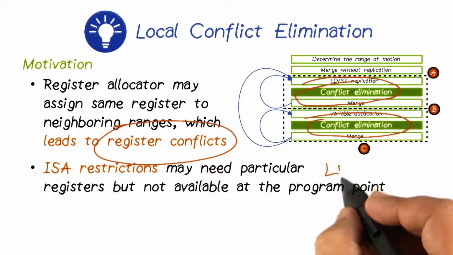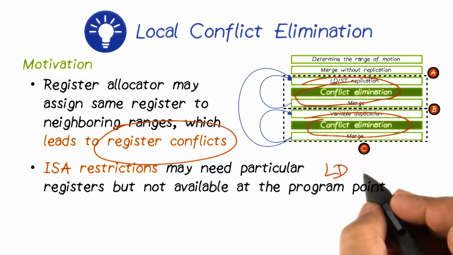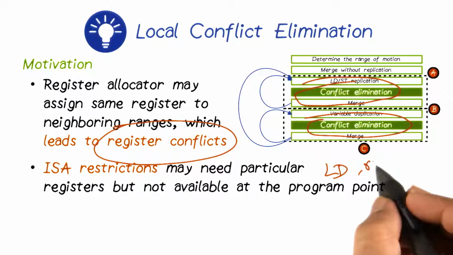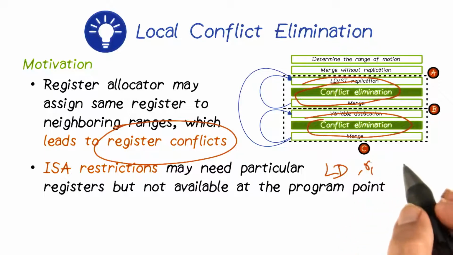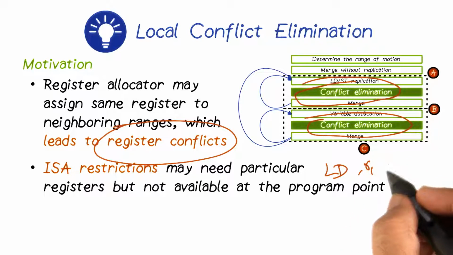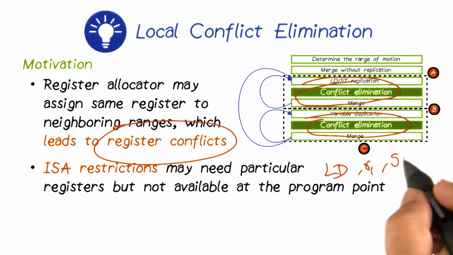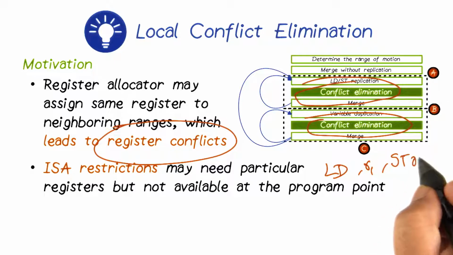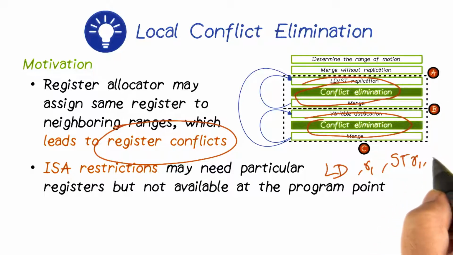For example, if this load is happening here when replicated from a particular memory location into register R1, whereas this particular location also was storing this register R1 into some other location. Let's say this was going to Y memory, this was coming from X memory.